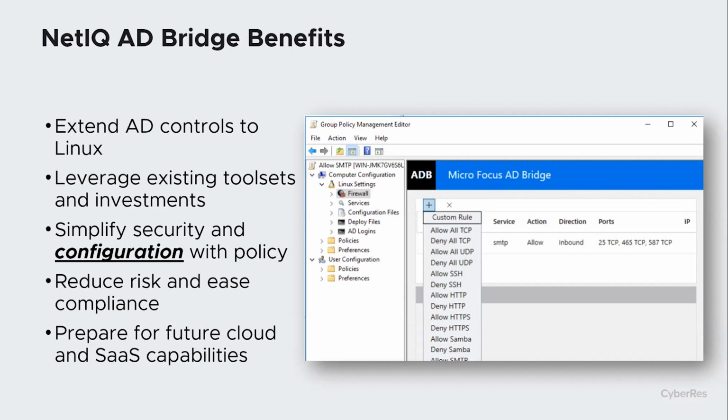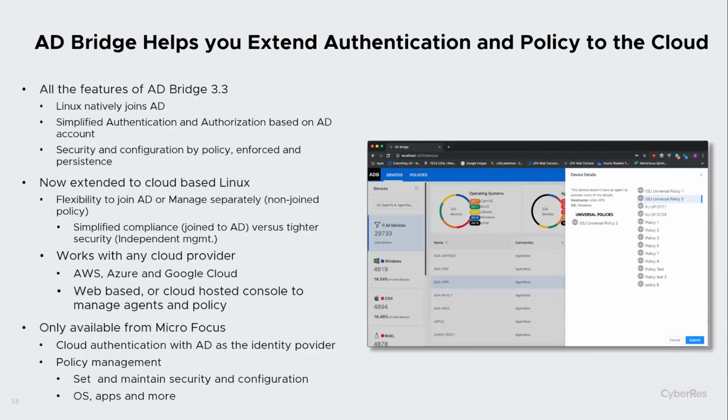I know Charles is going to use Linux as an example in his demonstration. So that's a common one we see is clients being able to take, especially as cybersecurity becomes more and more prevalent and on everyone's mind, things like NIST and FIPS and STIG requirements and deploy them out to new environments. That's been a primary use of AD Bridge in recent times. Next slide, please. Thank you.